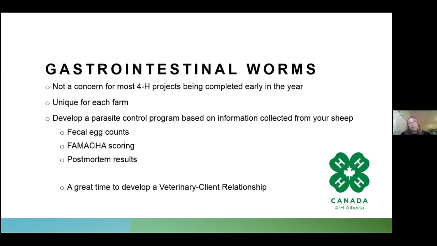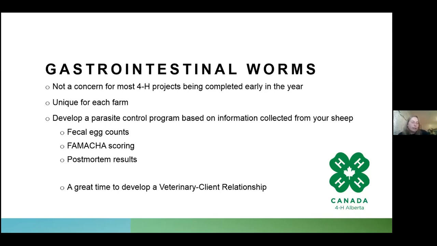In the old days, we used to just say, let's worm all the sheep, send them out to pasture. Nowadays, we want to say, let's do some refugia, let's only do selective treatment, and that will be how we don't get all resistant parasites.